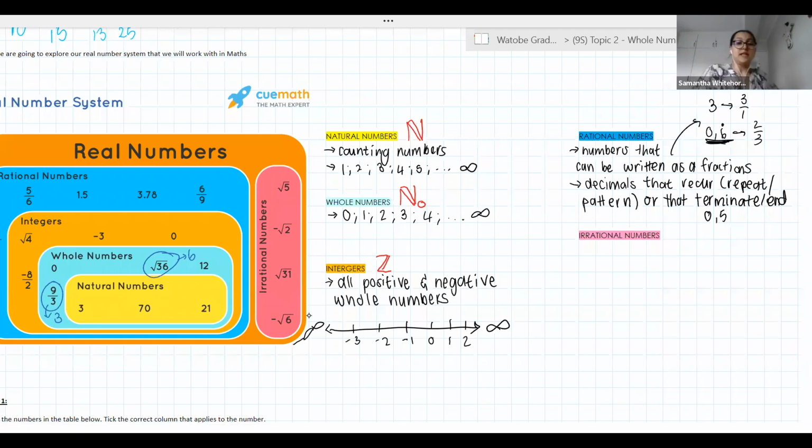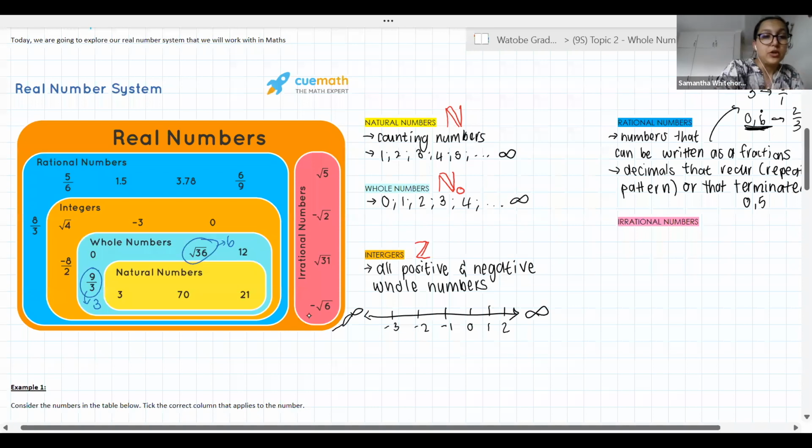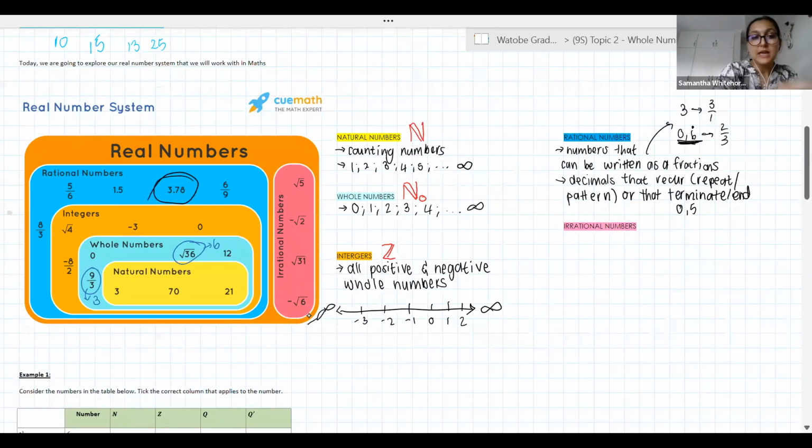So if you've got decimals that have a pattern or that recur or that end after a certain point, you have got a rational number, and that's because you can write them as fractions. So for example, if we go to this value over here of 3.78, I could write that as a fraction as 378 over 100. That does simplify.